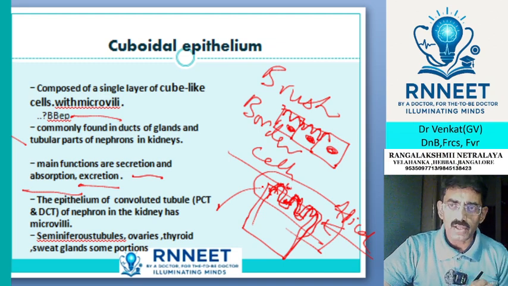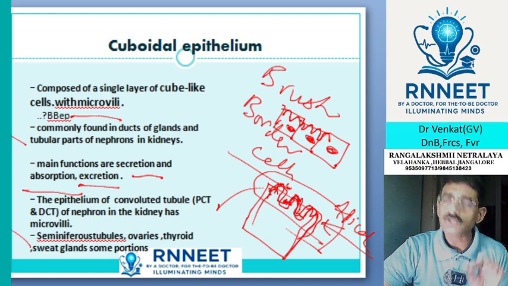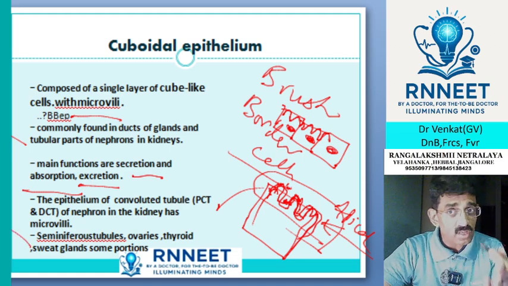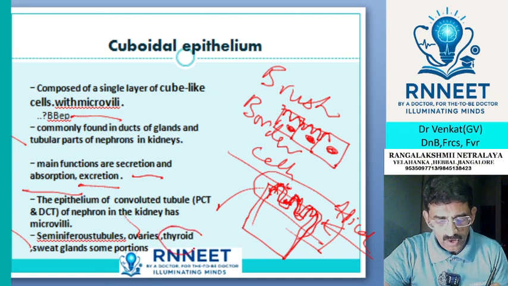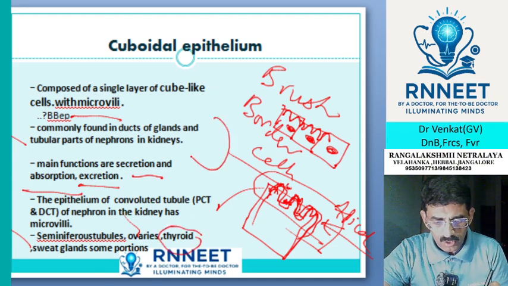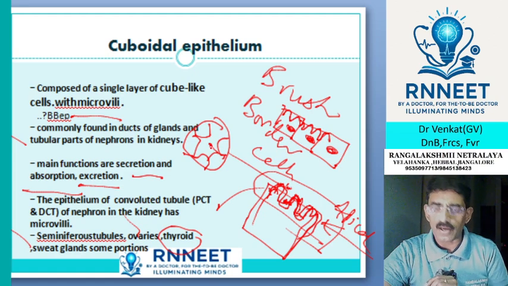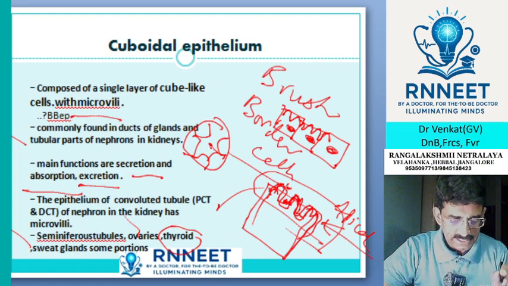Another important part is where you want these, basically not only the nephrons but also the seminiferous tubules, because it has to secrete. The ovaries, the thyroid, very important. If you look at the thyroid follicle, the whole thing is a follicle, but all around them there are cuboidal cells, and these cuboidal cells secrete right inside the cells.